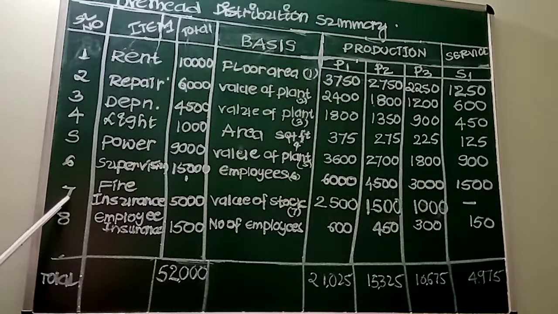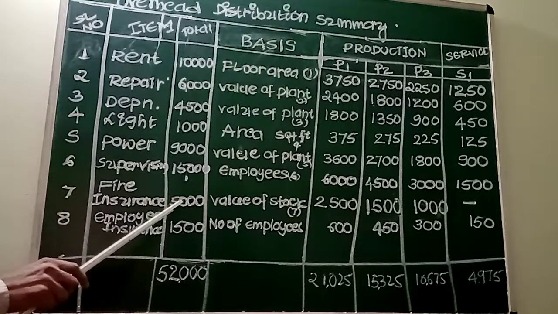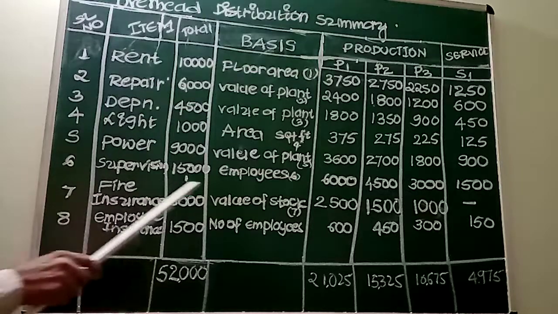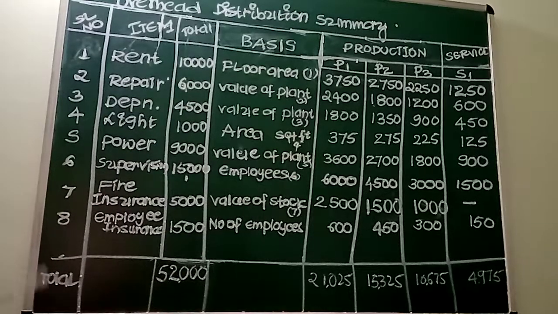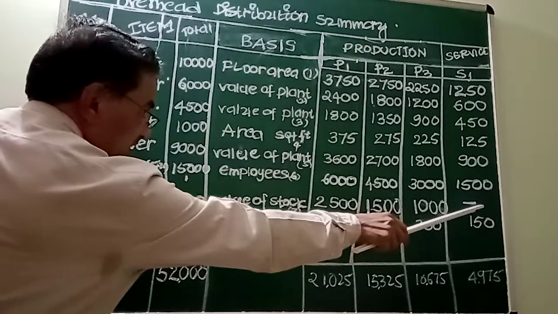So the seventh item of expenditure to be apportioned is fire insurance premium. Fire insurance premium is 5,000. See how do you apportion this? Insurance is always taken on the value of the stock. The value of the stock is given in the problem. You can use it: 1,50,000, 90,000 and 60,000. But the service department is showing stock as nil.